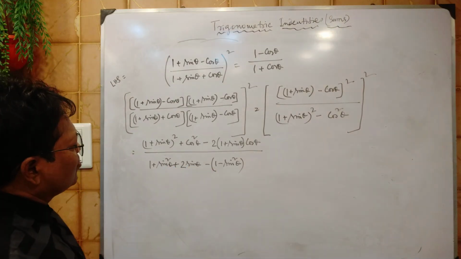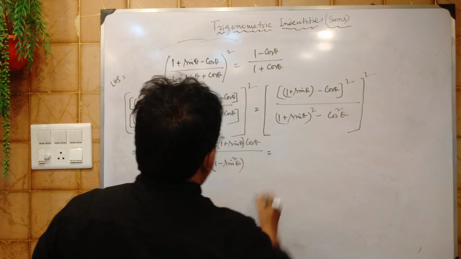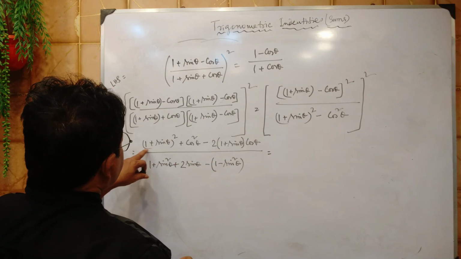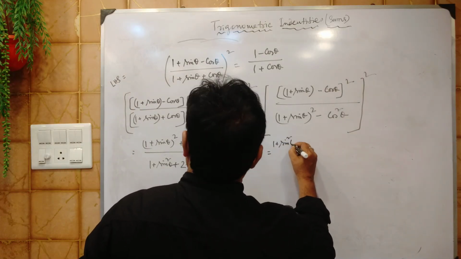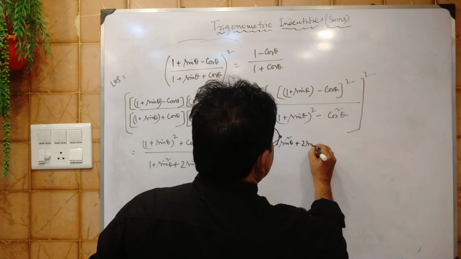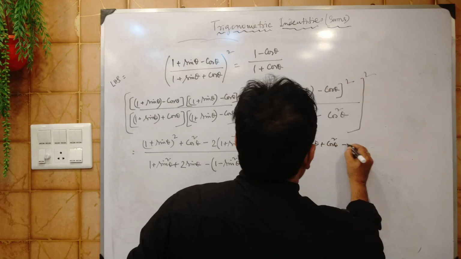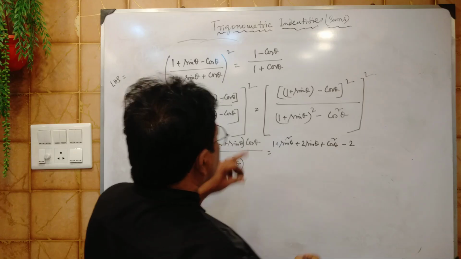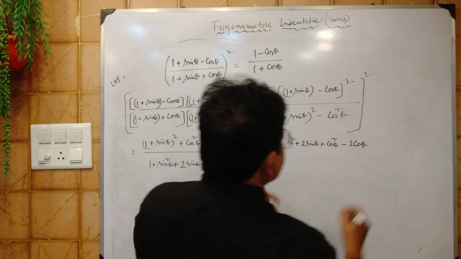That will be very helpful here. Numerator: 1 plus sin square theta plus 2 sin theta plus cos square theta minus 2 cos theta minus 2 sin theta cos theta.